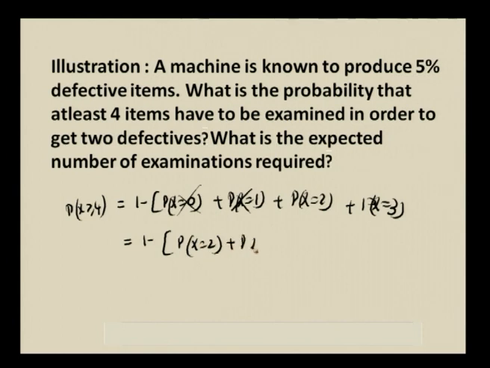and P(X = 3), because x is taking the values only from 2, 3, etc., up to infinity, where x is representing the number of trials.